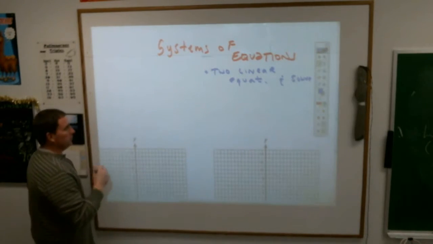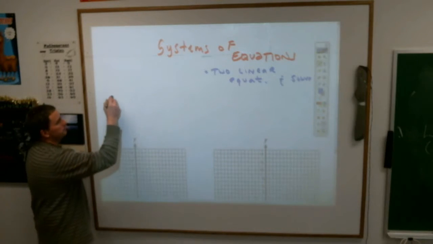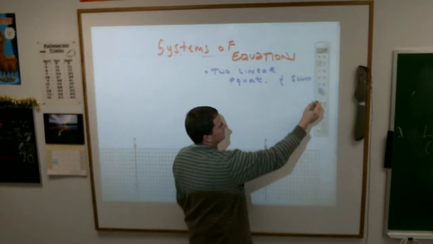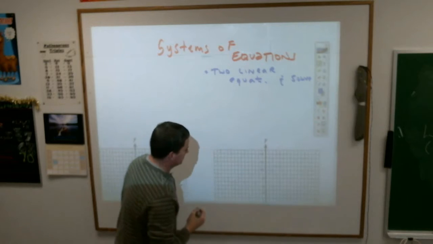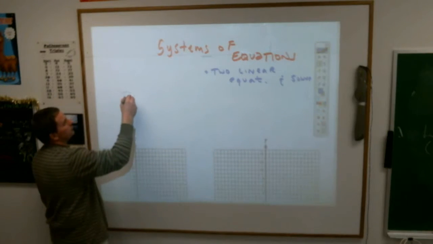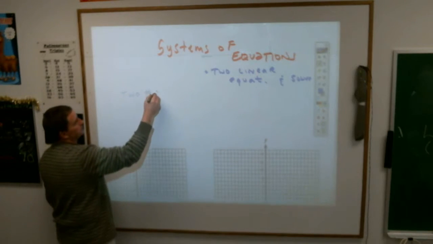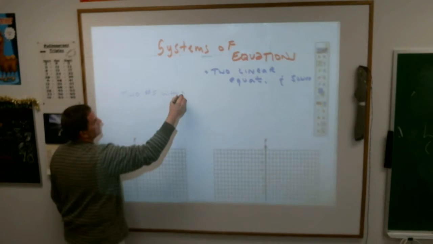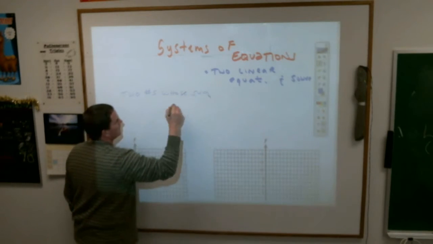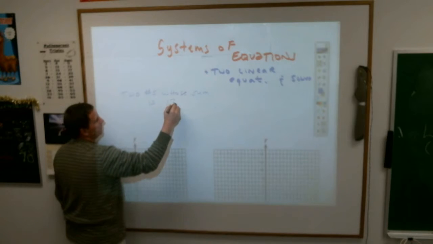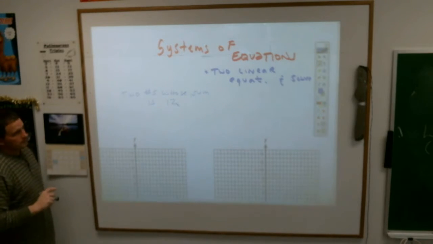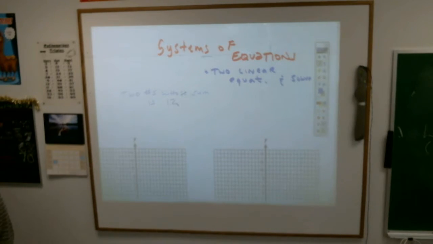Let's say I said to you, you have two numbers whose sum is 12. Now, first things first, how would I write an equation to stand for that?